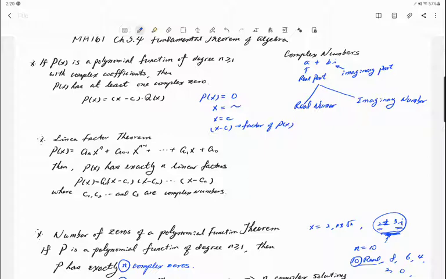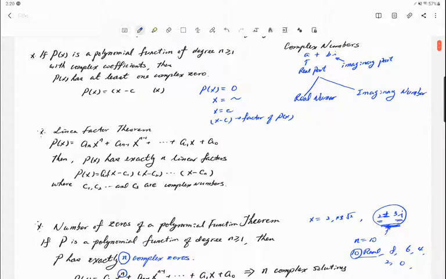Let's say Q of x is the quotient. So P of x will be the product of x minus c and Q of x. And then the degree of Q of x is 1 less than the degree of P of x, because we divided it by x minus c.